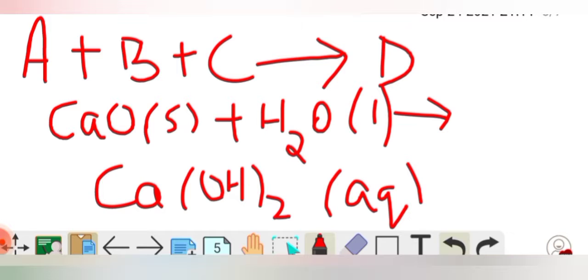Now we'll move to the next reaction, which is called the decomposition reaction. In a decomposition reaction, a single reactant breaks down to form 2 or more products. In a combination reaction, the reactants were two or more, but in a decomposition reaction, there are two or more products.